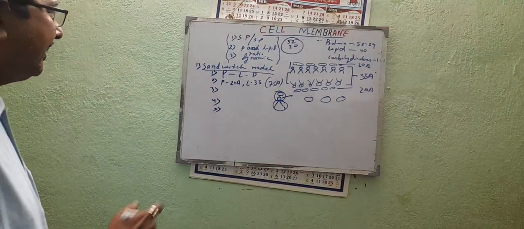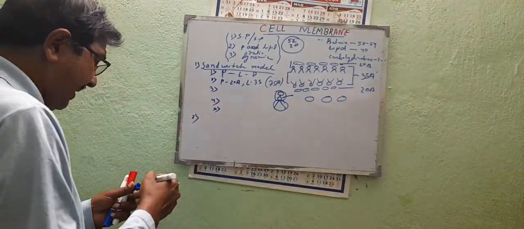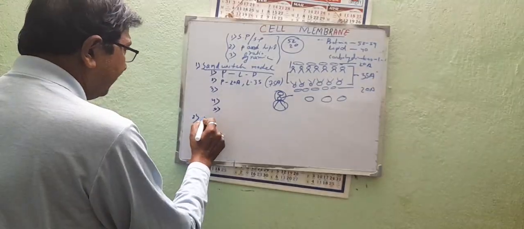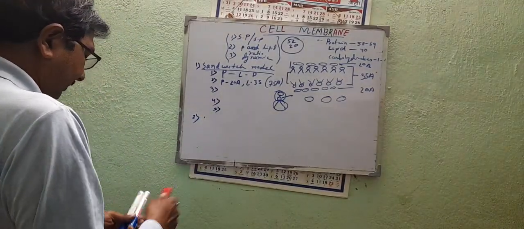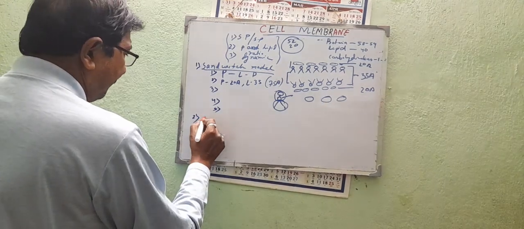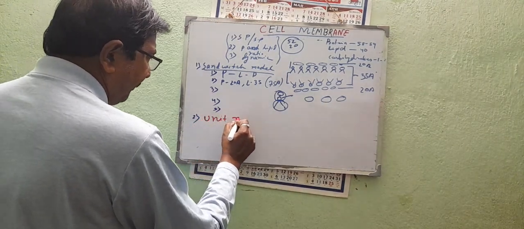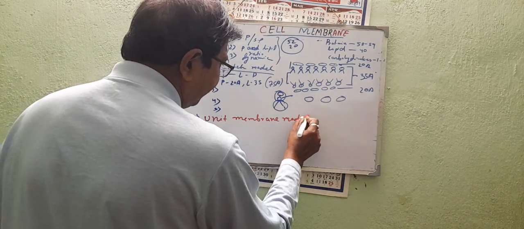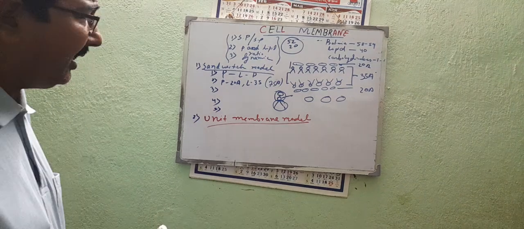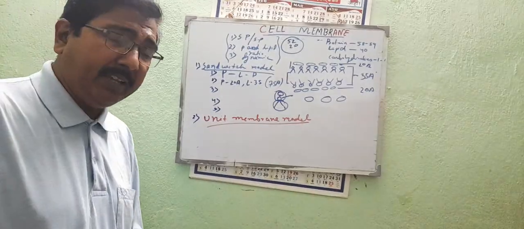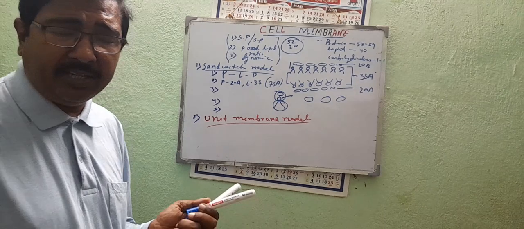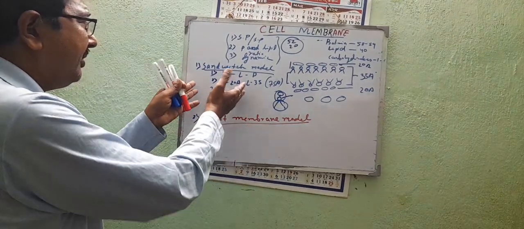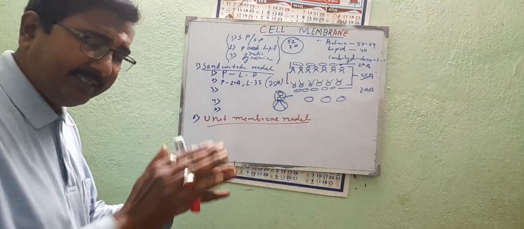Okay. Next, another model is the unit membrane model, proposed by Robertson in 1959. This model and the sandwich model are both the same.